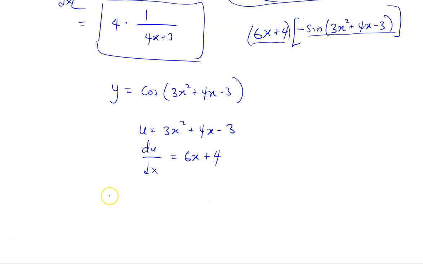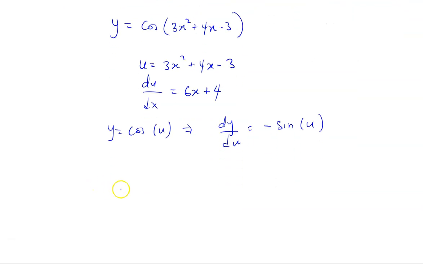So I will say that y equal to what? Cos u, right? y is equal to cos u. So since y is equal to cos u, then dy on du will be given as what? Will be given as negative sine u.